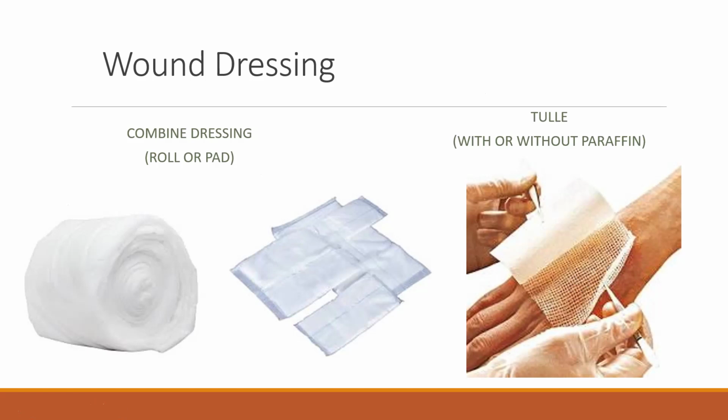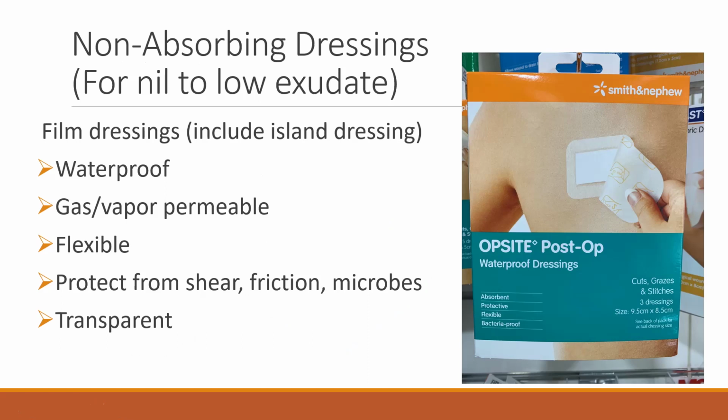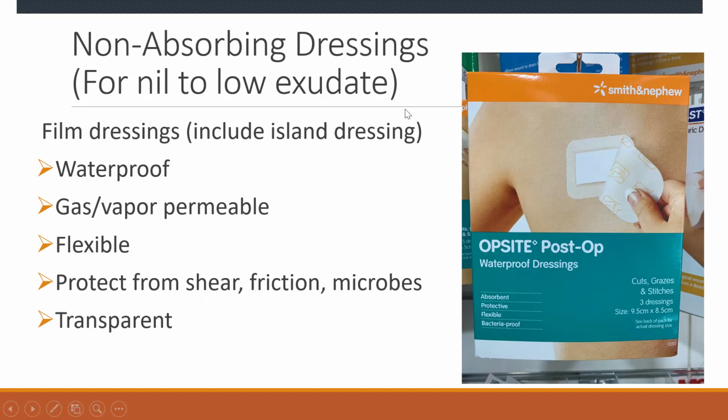So that's traditional dressing. And for the modern day dressing, the first one I'm going to introduce is called non-absorbing dressing, for low or near-low exudate. 所以这样子的一个敷料呢，它是不吸收的，它中间有的是，so you can look at the dressing in the center, you can see something like we call island dressing.